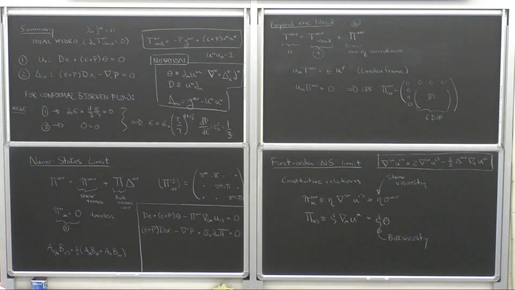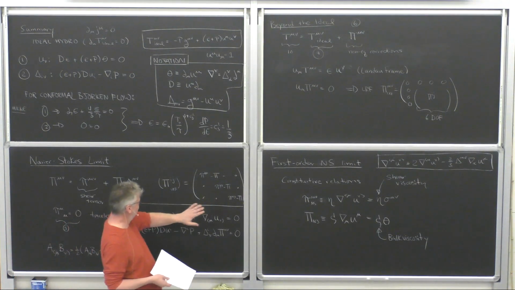Yes? The question might be, is this a kind of perturbation theory approach in which you try to look for the main effect? Yeah, so you can think of it as a perturbation theory in gradients, right? So you're going to start with a small deformation of the system, and then you're going to write down the correction to this.